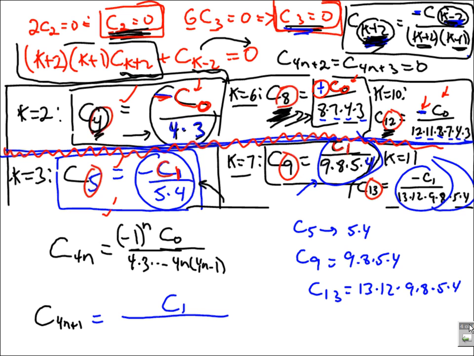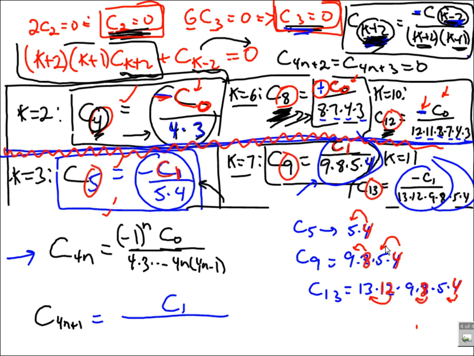Well, having just done the C sub 4n's, you should say, wait a minute. This has 4. This one has 4 times 8. This has 4 times 8 times 12. But there's other numbers. Oh, look. There's always one more than what's in red. 4 plus 1 is 5. 8 plus 1 is 9. 4 plus 1 is 5. 12 plus 1 is 13. 8 plus 1 is 9. 4 times 5. 4 plus 1 is 5.